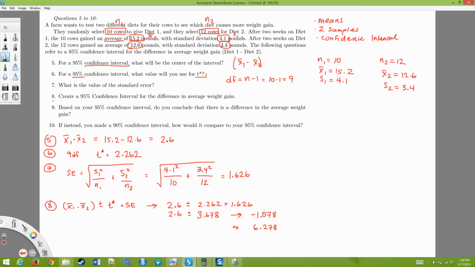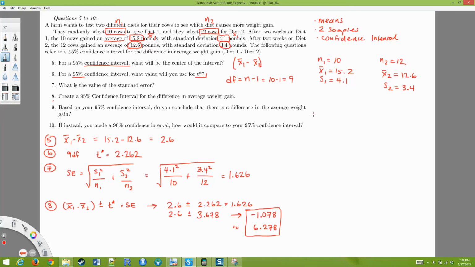So this is my confidence interval. Is everything so far so good?